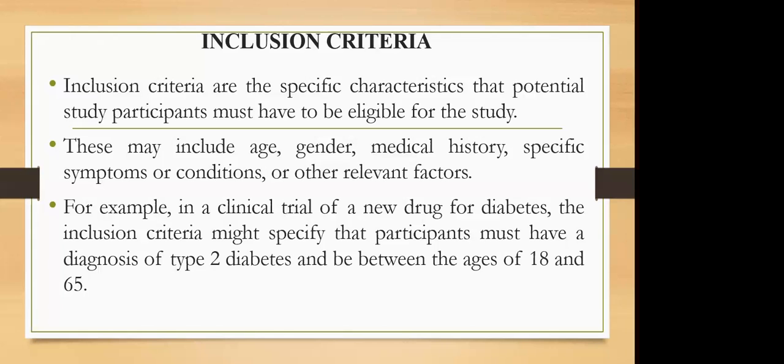Now, if we say that the inclusion criteria is for participants with type 2 diabetes, we are wrong, because there might be some of them that are above the age of 65. But for us to be distinct about our inclusion criteria, those participants must be between the ages of 18 and 65, and they must also be diagnosed with type 2 diabetes.